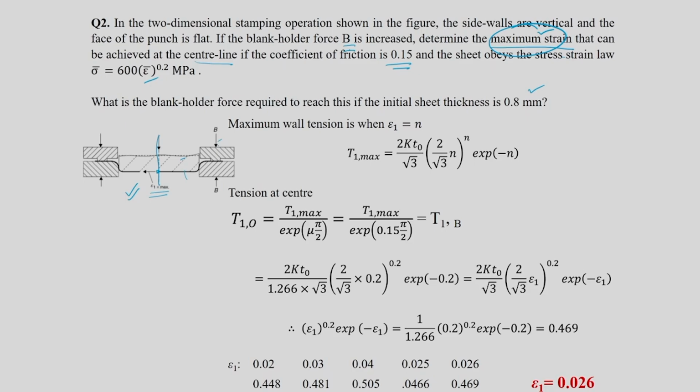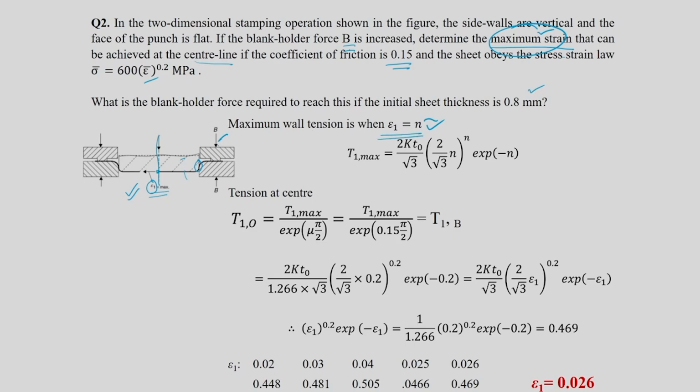So what we are going to do is put this condition which we already derived before. When you slightly increase the blank holding force, the wall tension is going to reach its maximum, and because of that this epsilon 1 will reach its maximum. Wall tension reaching its maximum means you can put a condition: maximum wall tension is when epsilon 1 is equal to n. Why epsilon 1 equal to n?